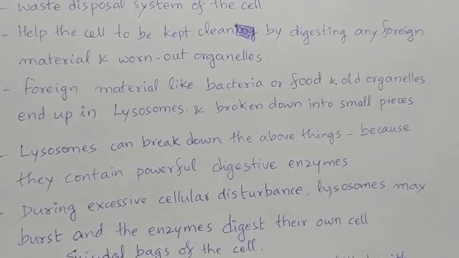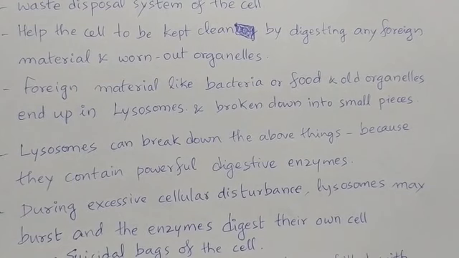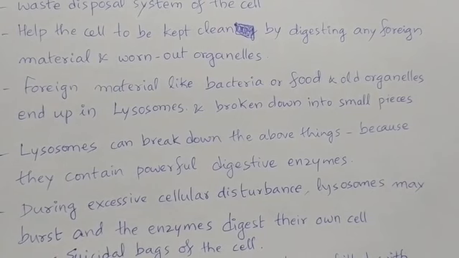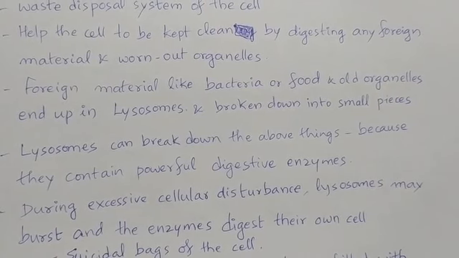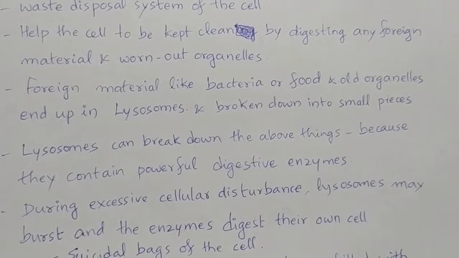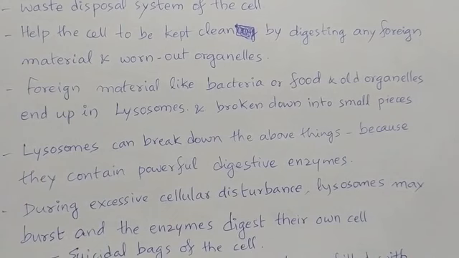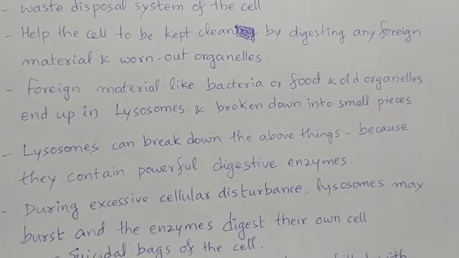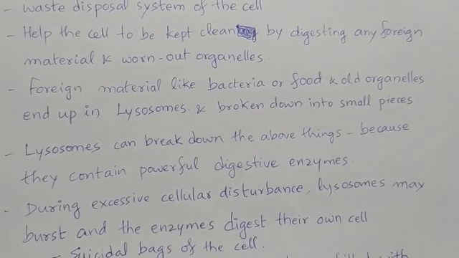How are they able to break down all these things? Because lysosomes contain powerful hydrolytic digestive enzymes. In fact, the vesicles that come out from the Golgi apparatus with hydrolytic digestive enzymes remain as organelles called lysosomes.